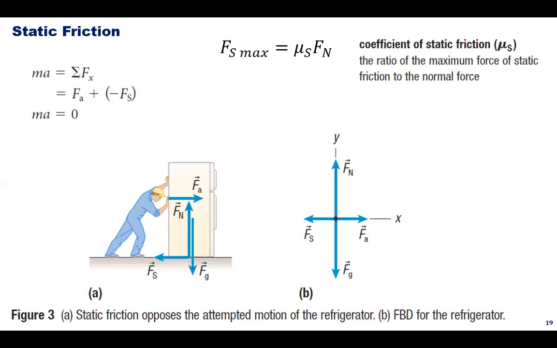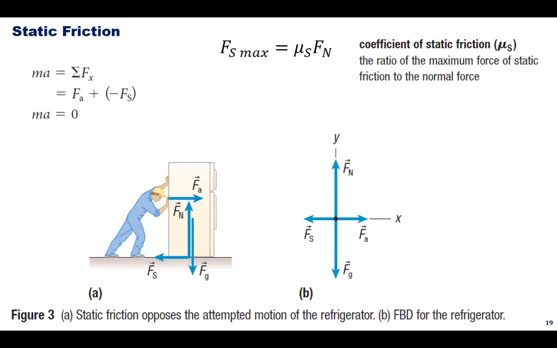Unlike the hockey puck example, here the person pushing on the refrigerator adds an additional force. The FBD in figure 3b shows the additional force of the push working against the force of static friction. Intuitively, we know that when the force exerted by a person is small, the refrigerator will not move, right?